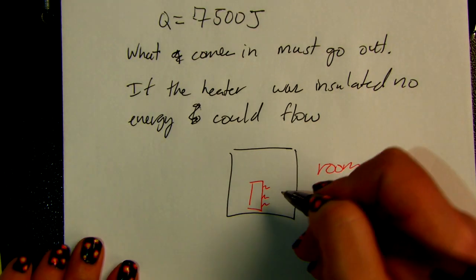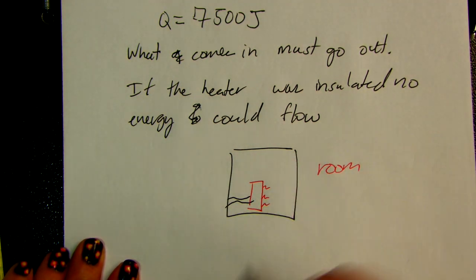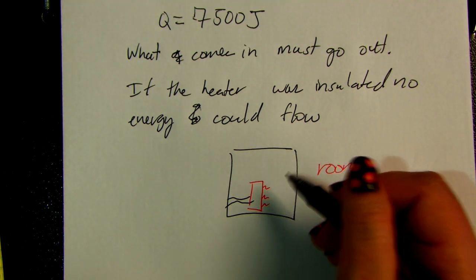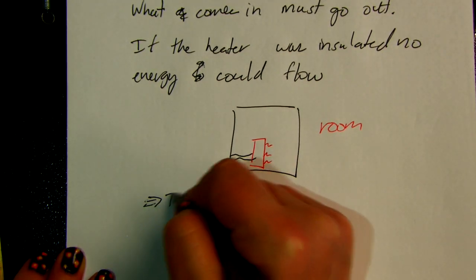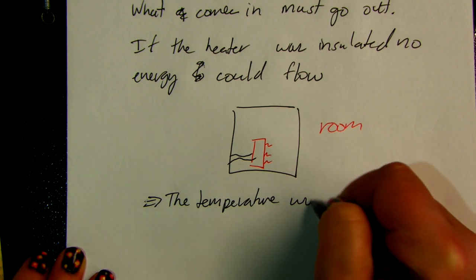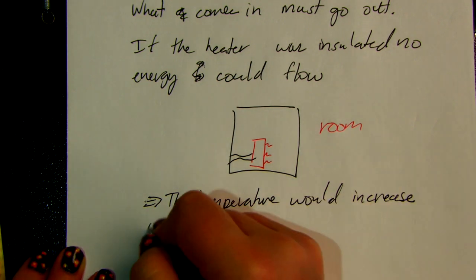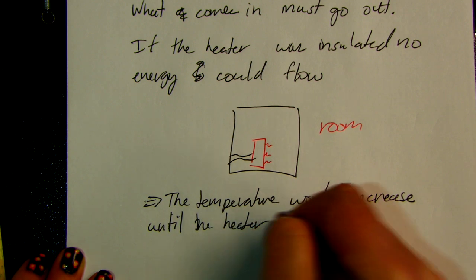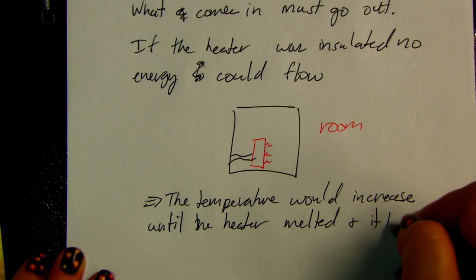The heater's just going to keep getting hotter and hotter because we still have that energy coming in from the electricity. The temperature would increase until the heater melted, and it breaks.